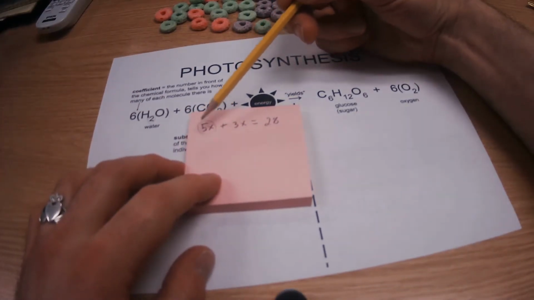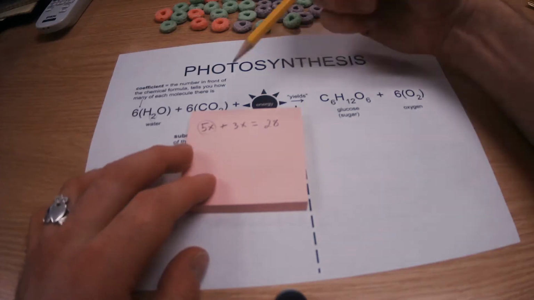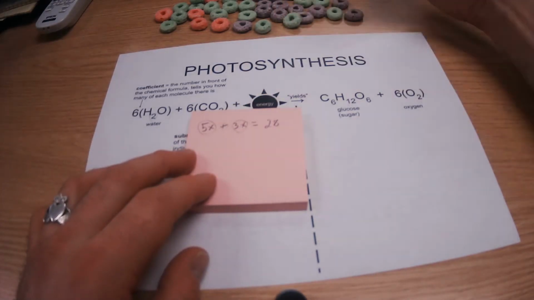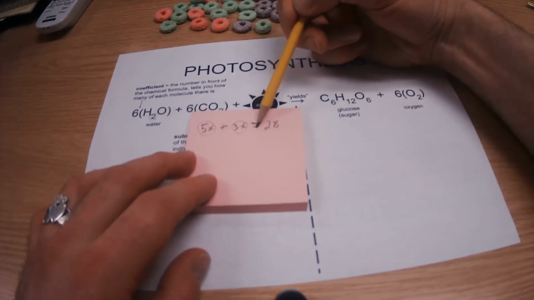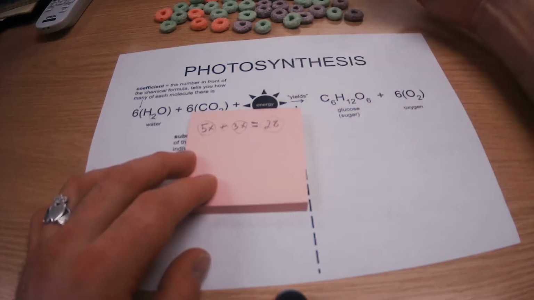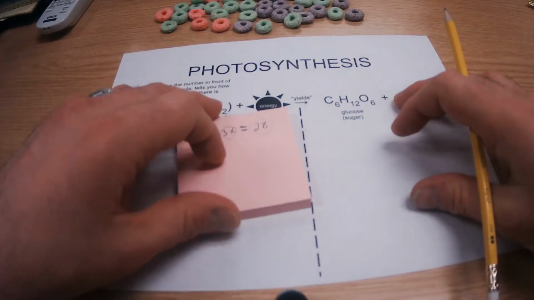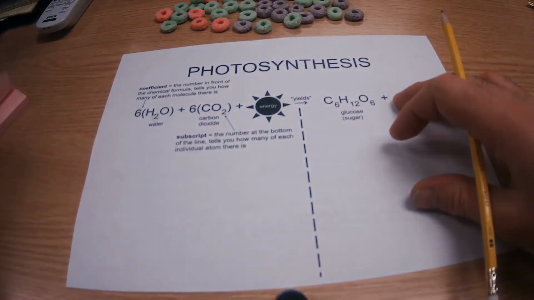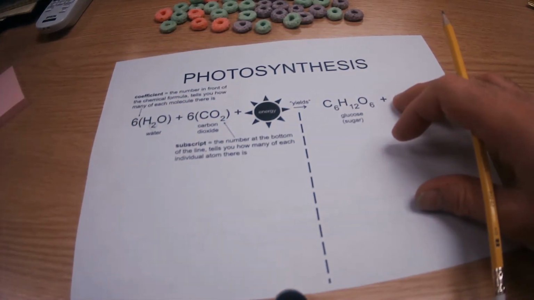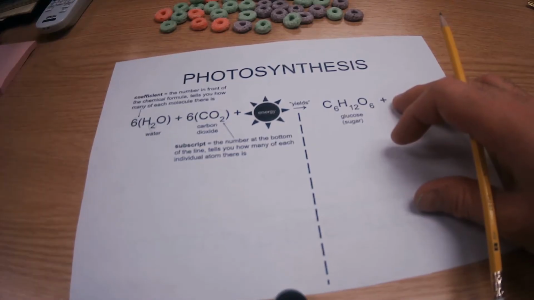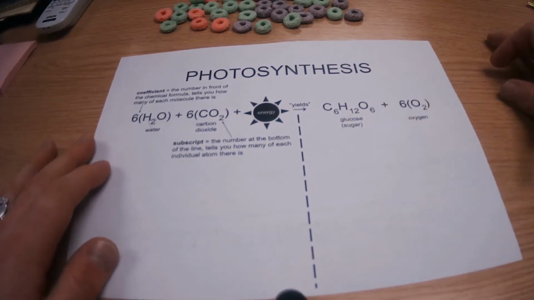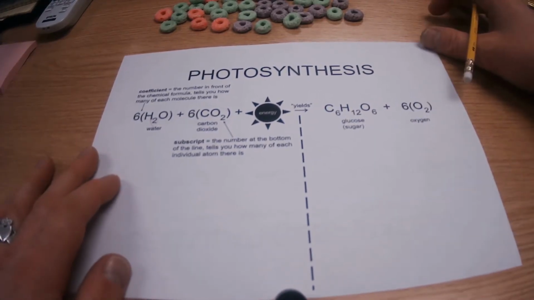If I take these amount of numbers and combine them with these numbers, they will equal what's over here. Make sense so far? Yes, ma'am. So it's saying you need 6 water atoms, or 6 water molecules, 6 carbon dioxide molecules, energy. Nailed it. Yep, and that's what we're going to do. We're going to build these molecules here in a second.